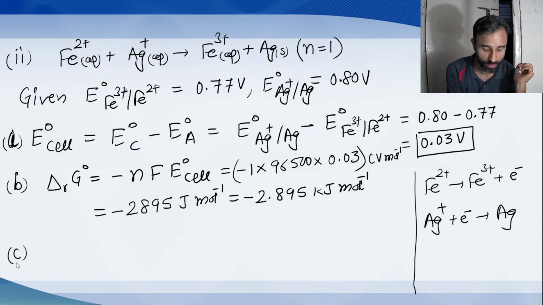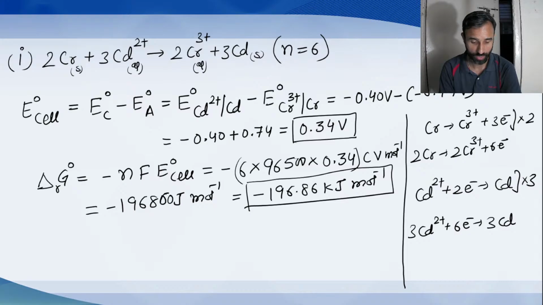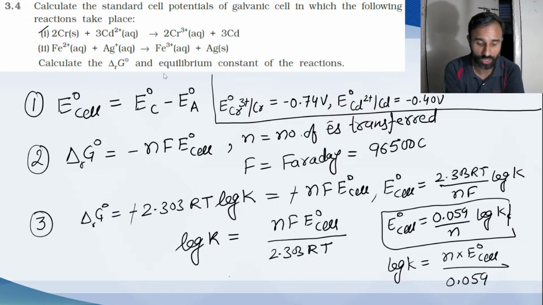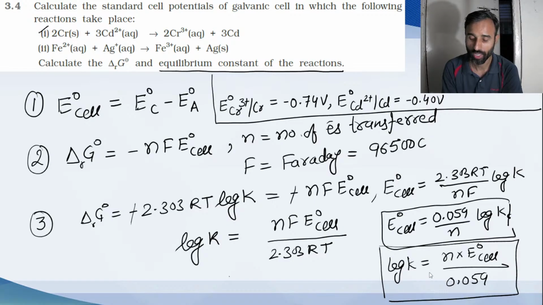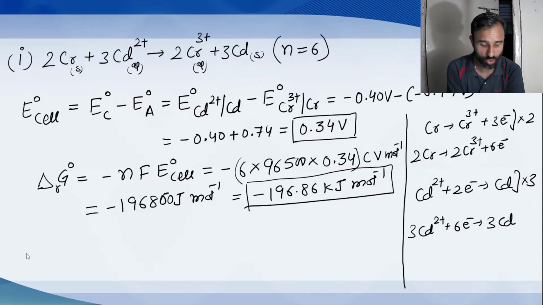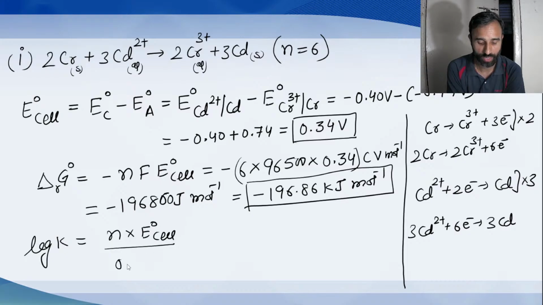Now C part. Here we have to calculate, in each case, the equilibrium constant of the reaction. To calculate the equilibrium constant, just use this: log K equal to n into E naught cell divided by 0.059. So what is n in this case? 6.